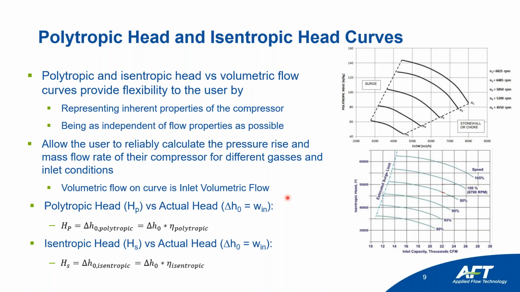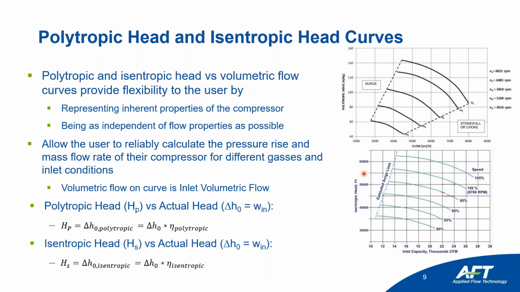So what is polytropic head versus the actual head in terms of putting the equations together? Well, our polytropic head here is that stagnation enthalpy rise for a polytropic process. And that is the actual stagnation enthalpy rise multiplied by the polytropic efficiency. Now, I'm pretty sure I mentioned this on the previous slide, but when you see an efficiency curve with your polytropic head curve, it will be the polytropic efficiency.